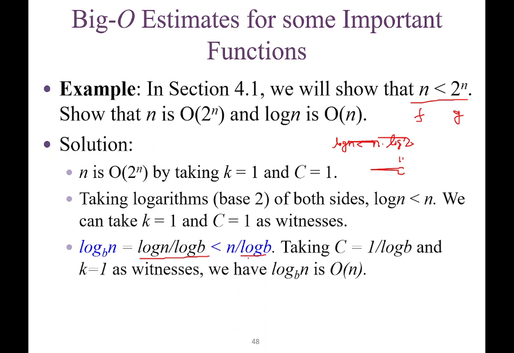Because this is a real number. So log n with the base of b is less than the constant c times n, where c equals 1 divided by log b and k equals 1 as our weightness. Then log n with the base b is big O of n.